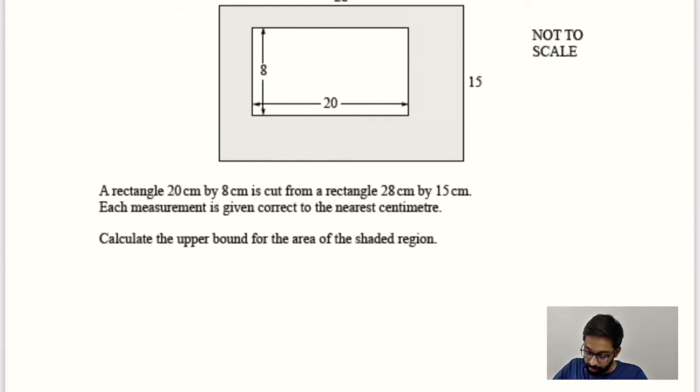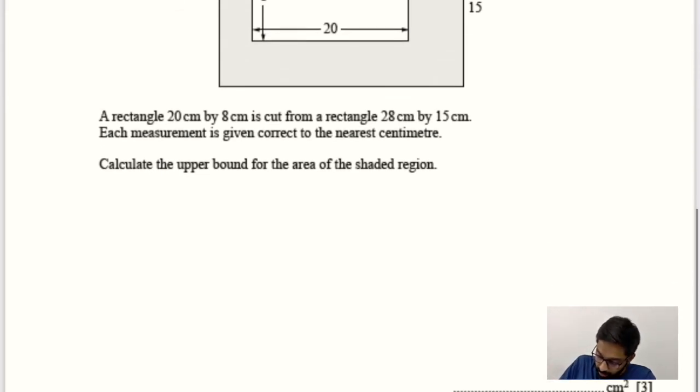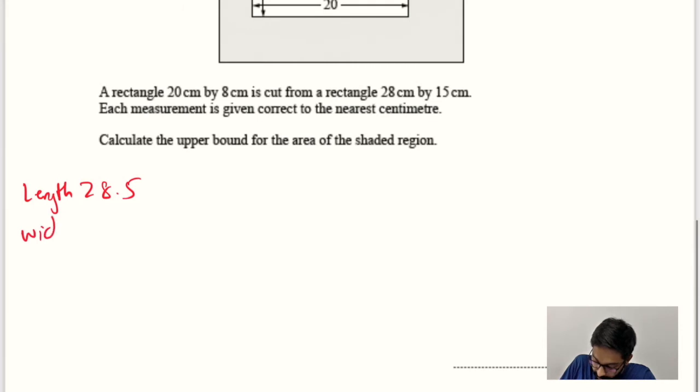In order to find the upper bound area of the larger rectangle first, including the unshaded area, you take 28.5 as the length because you're finding the upper bound, and the width as 15.5.